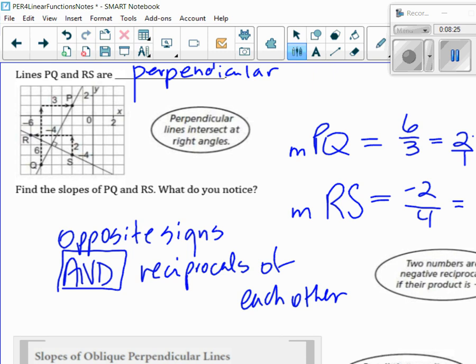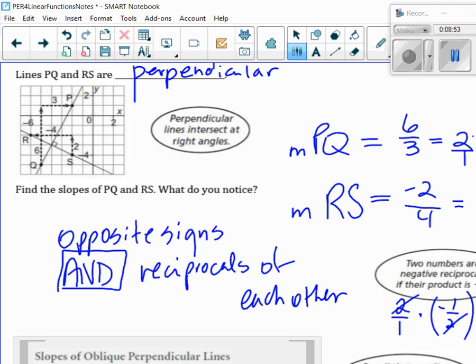So another way you can look at this is that if I were to multiply 2 over 1 times negative 1 over 2, what do I get as the product? What do I get when I multiply these 2 together? You see the 2's would cancel and I get negative 1. I don't know if I'd ever use that, but it's something on trivia you might need to know sometime in your lifetime.